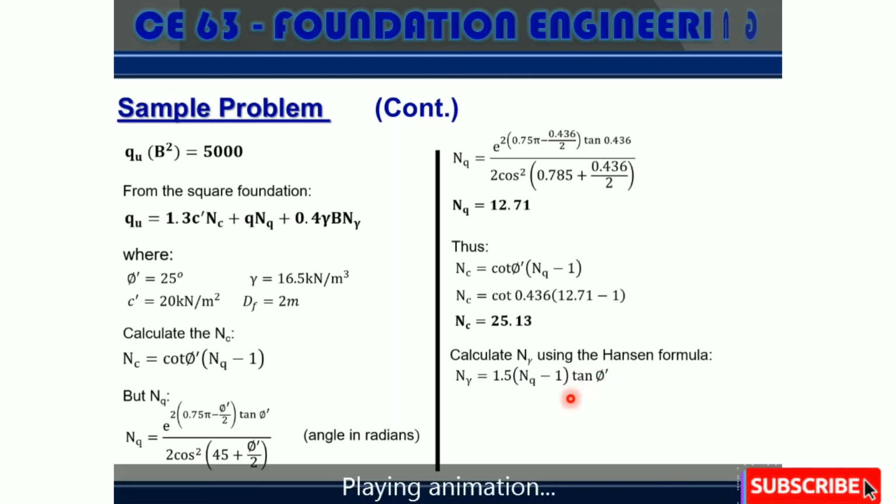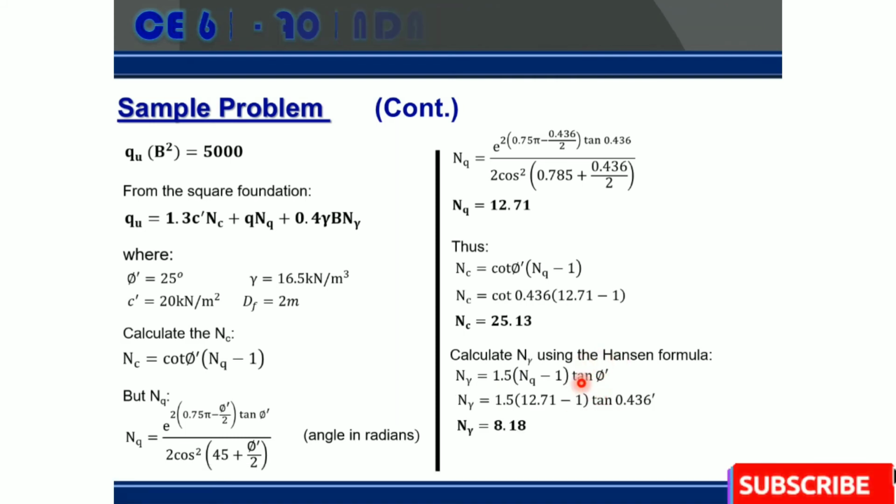Again, using this φ prime in radian unit, we have now this value of our N subscript unit weight equal to 8.18. So now we have the values of our bearing capacity factors, Nc, Nq, and N unit weight.